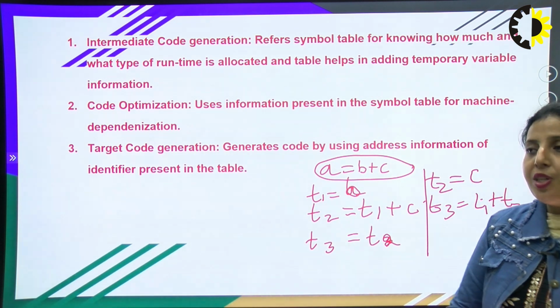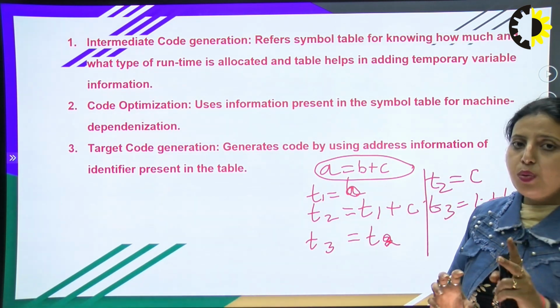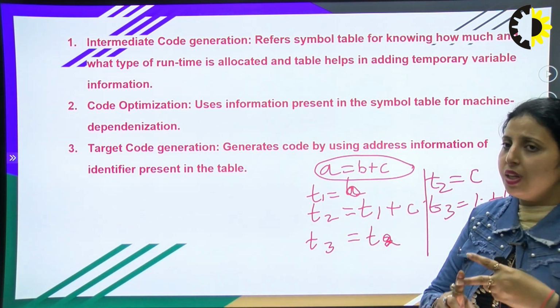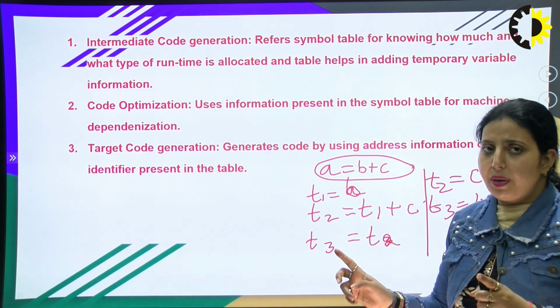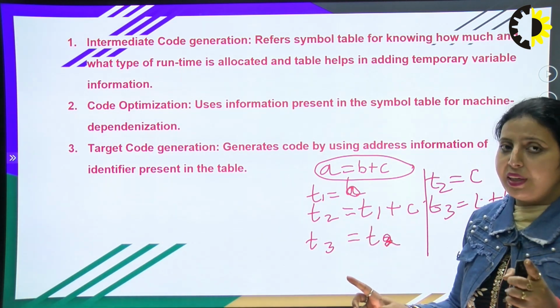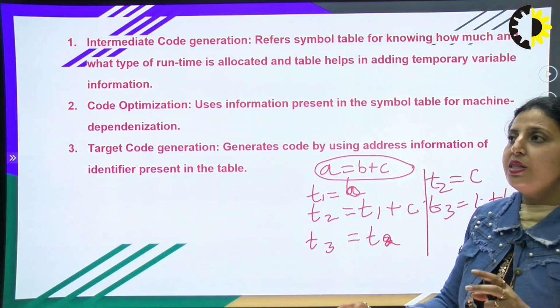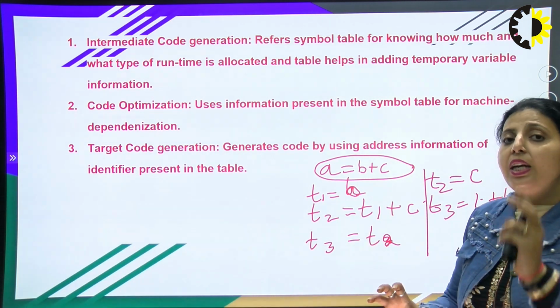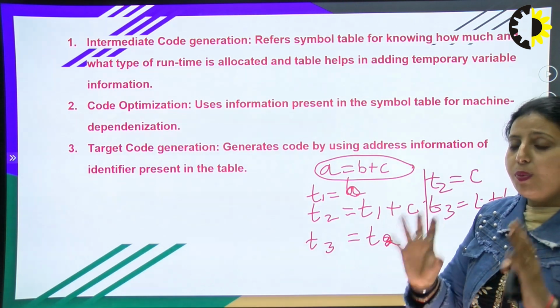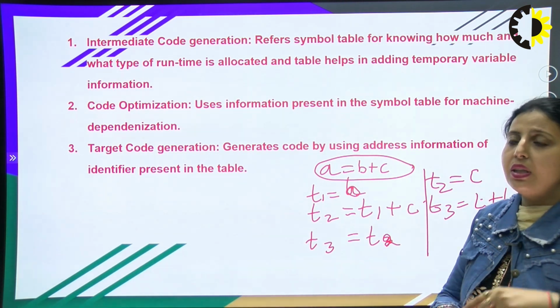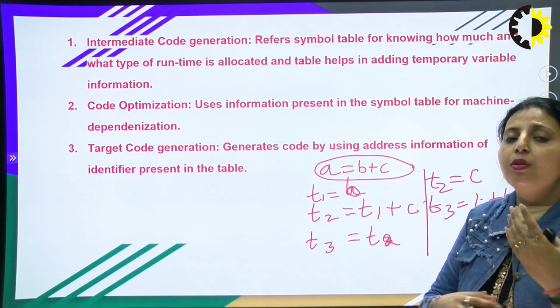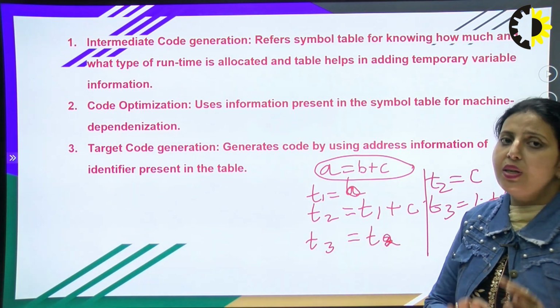What does it mean? There are two types of optimization. First is machine dependent, another one is machine independent. Machine dependent means when there is a need of the machine, if the optimization is done according to the requirement of the machine, then that is machine dependent optimization.